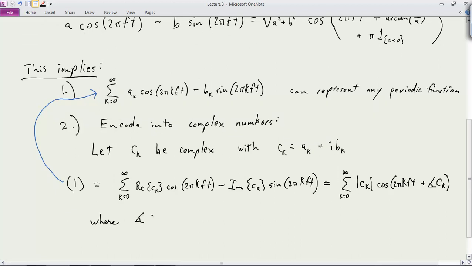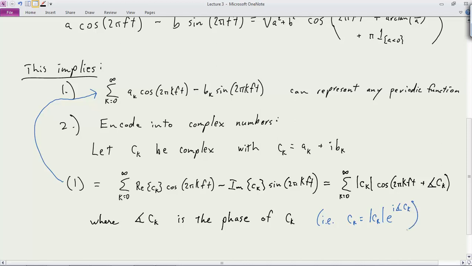So this will be how we denote phase. In other words, just to be clear, CK equals magnitude of CK e to the I phase of CK.